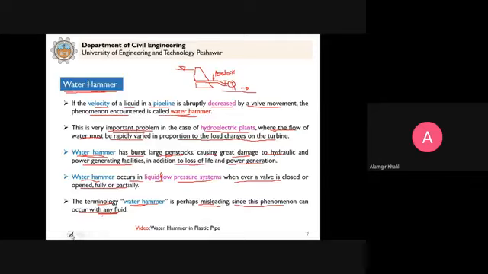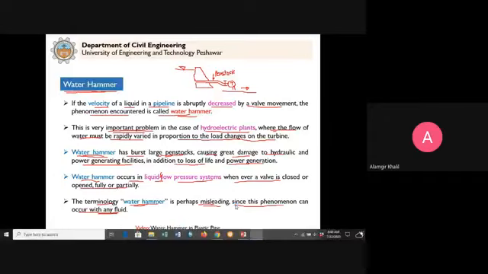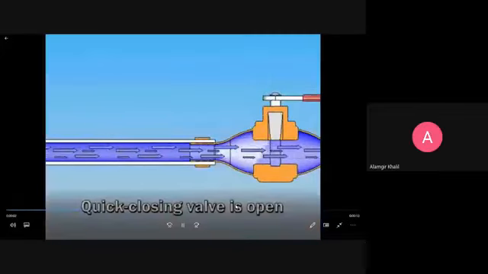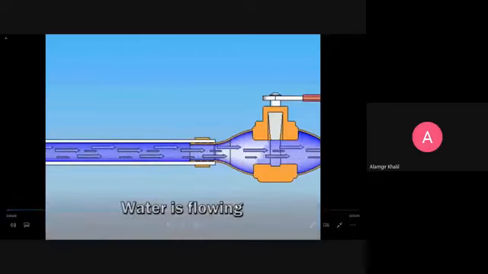So you can see this water hammer before we proceed. Now you can see the water hammer. Water is flowing in the plastic pipe.